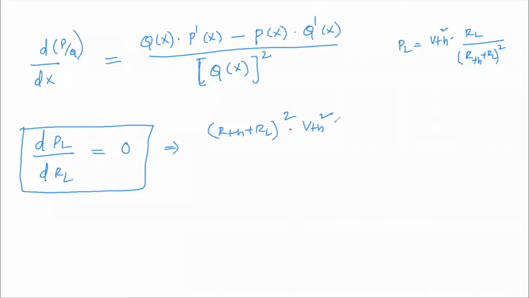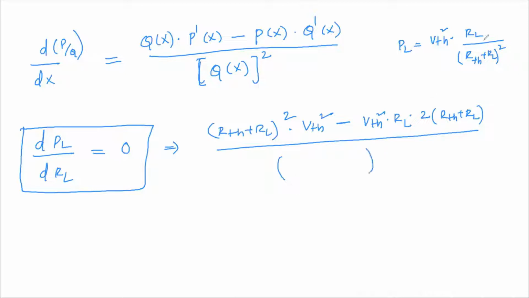Now minus, what is P of X? P of X is again VTH square into RL. So now Q dash of X, what you get? 2 into RTH plus RL, divided by Q of X whole square.